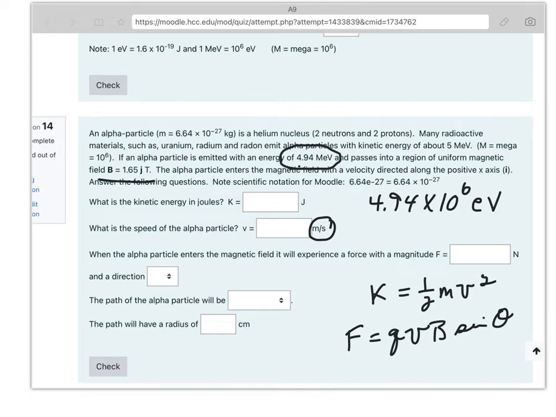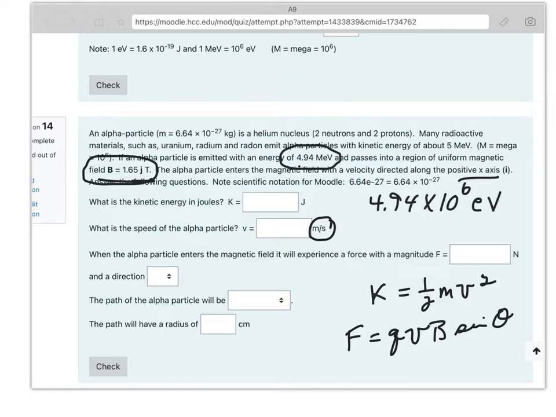So you can calculate that. How do I know it's perpendicular? Because the velocity is along the positive x-axis and the field is in the j-hat or y-axis direction.